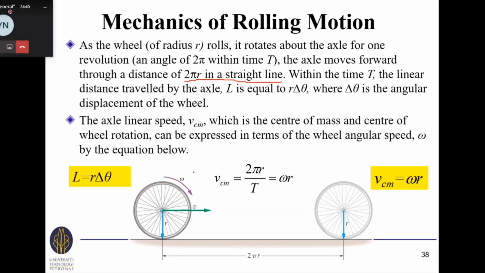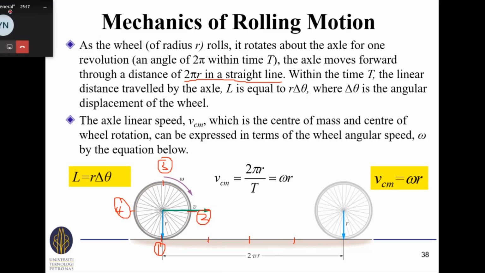See the slide carefully. Let's say I put here point 1, this is point 2, this is point 3, and another point 4. Let's say the object is rolling in a clockwise direction. Let's give it a time frame.